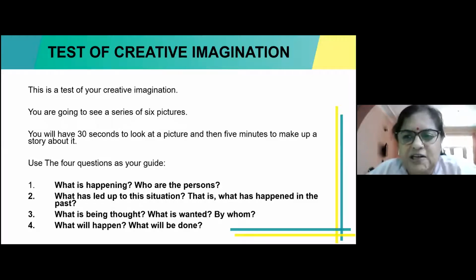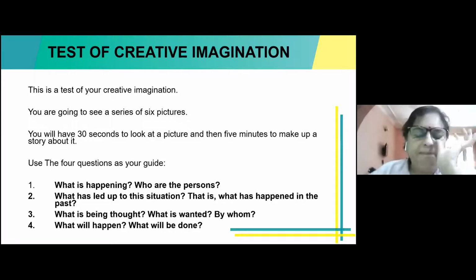See the picture as carefully as you can, and then you will have 5 minutes to make up the story. There are 4 questions which can help guide you in making up the story. You can note down these questions, or later I will come back and replay these questions for you while you're writing the story.